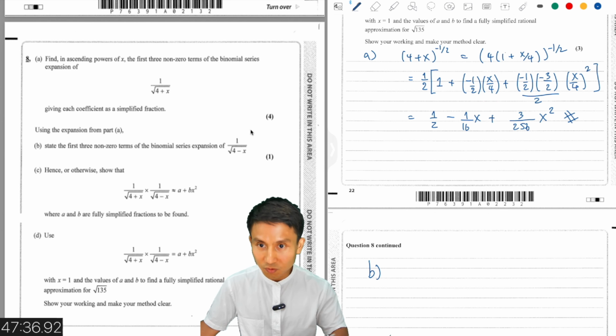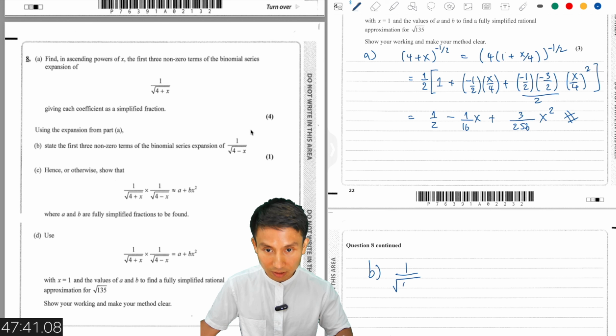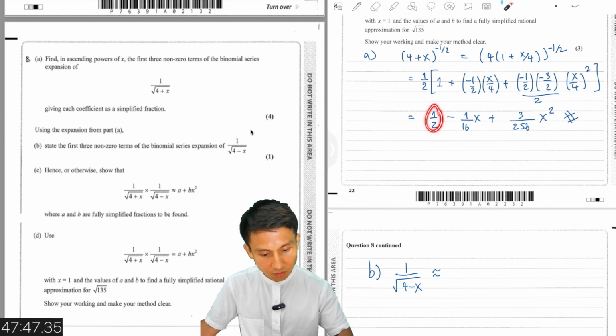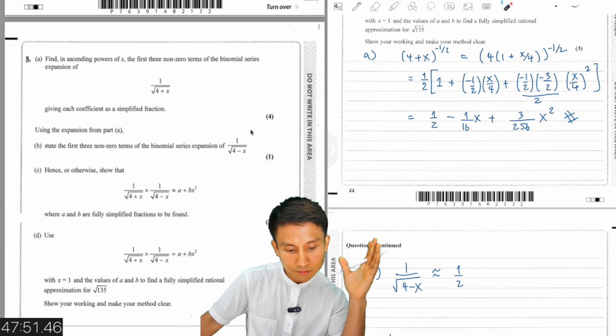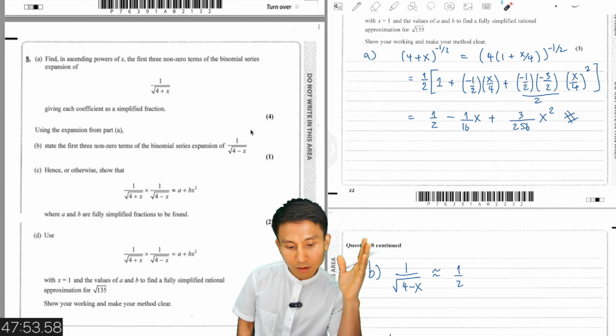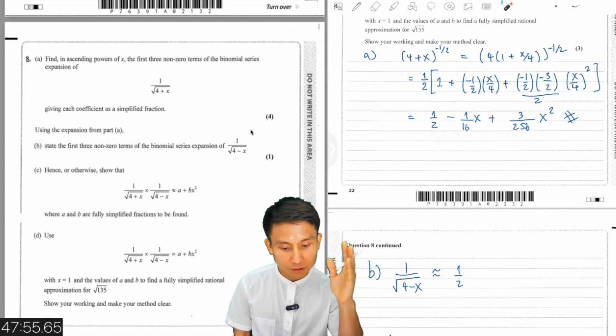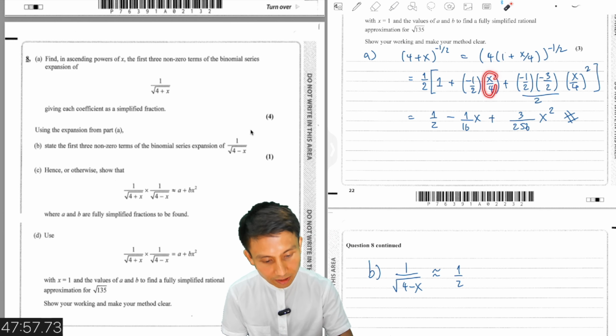So the second term will be, I'm just going to write down 1 over, this is just the first 3 terms as well. Yeah? So this will be a positive for sure. Yep, I'm just checking. So this will be a negative, right?